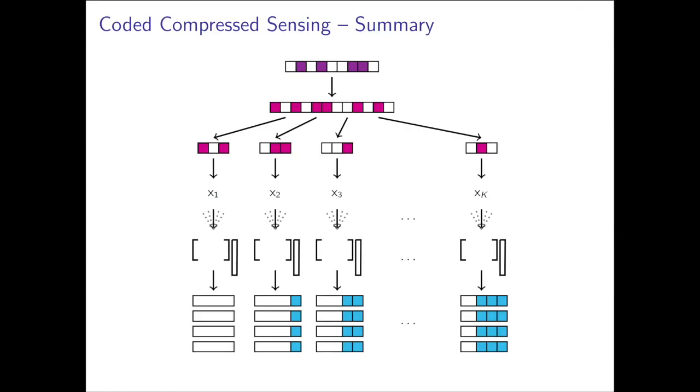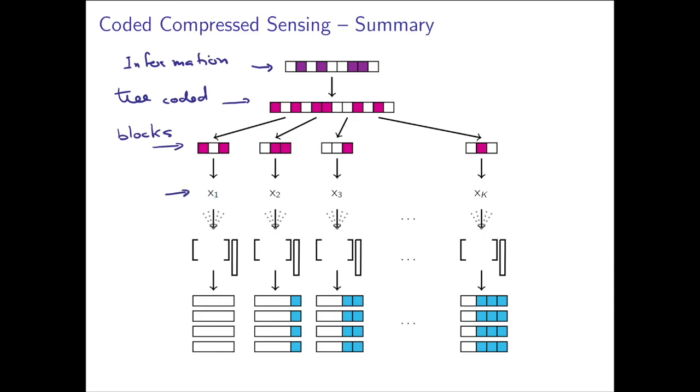As a summary of coded compressed sensing, we have this notional diagram. At the top, we have the information message in bits. This information message is enhanced with parity, leading to an encoded message, which is partitioned into blocks. These blocks are translated from their binary representation into an index vector, and this index vector chooses the signal that the device transmits.